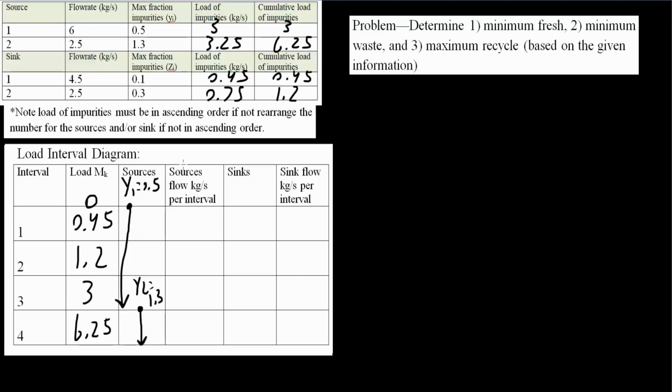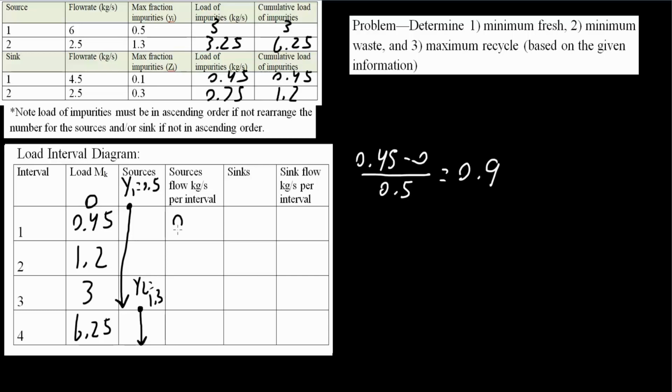So now we need to calculate our source flow per interval. That's a formula that we need to use. For the first one right here, we say 0.45 minus 0, divided by the arrow. The arrow right here is a 0.5. So divided by 0.5, and we would get 0.9.